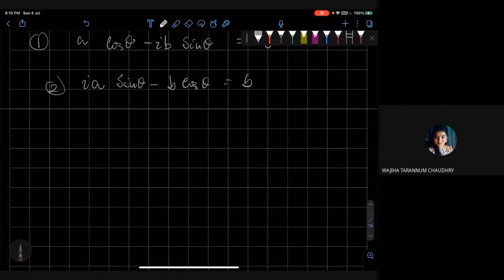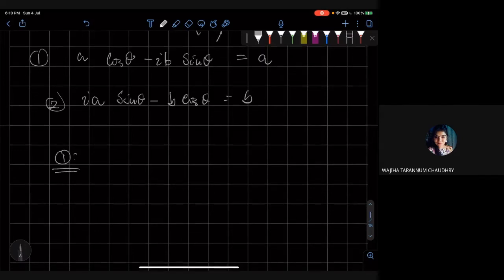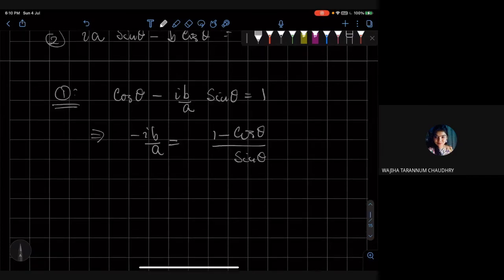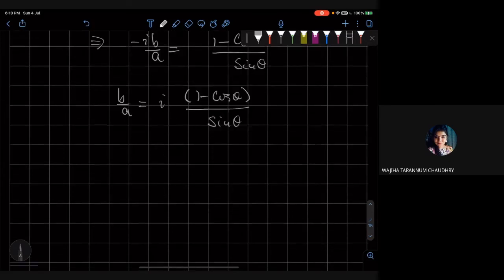Equation 1, we can solve it. We can actually do the whole thing from equation 1. If we divide both sides by A, I get cosine theta minus i B/A sine theta equals 1. I can write this as minus i B/A equals (1 minus cosine theta) divided by sine theta. So B over A is i times (1 minus cosine theta) divided by sine theta.